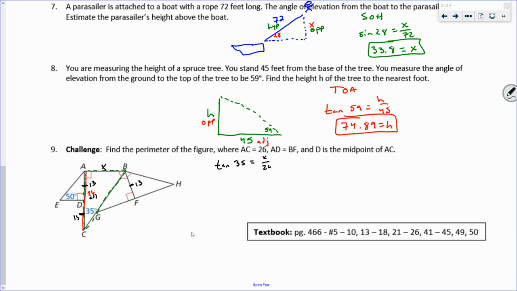I get something like, we're just going to go a single decimal place because I imagine this is going to get messy. So 4.2. So from here to here is 4.2.